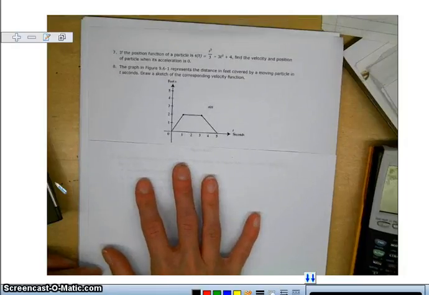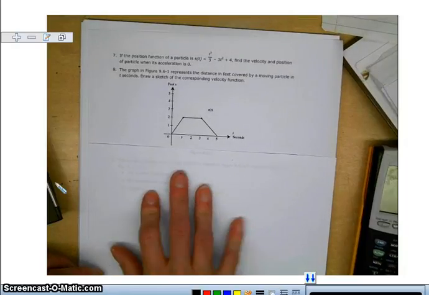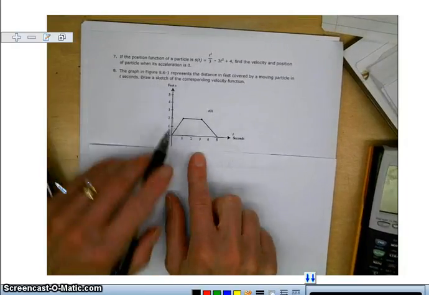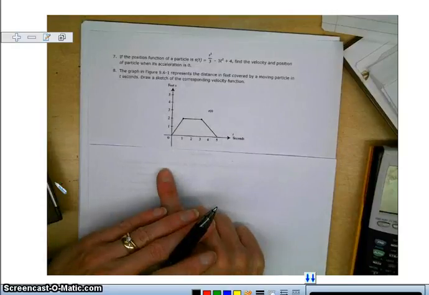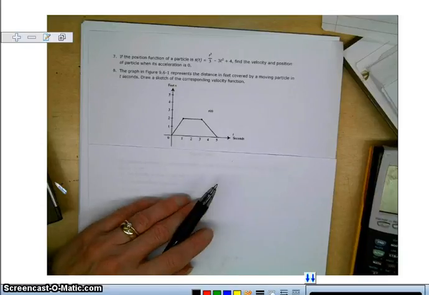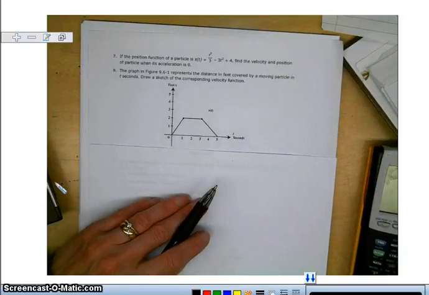Okay, just number 8. It says the graph in figure, well, this is the picture. That graph represents the distance in feet covered by a moving particle in t seconds. And then it says, draw a sketch of the corresponding velocity function.